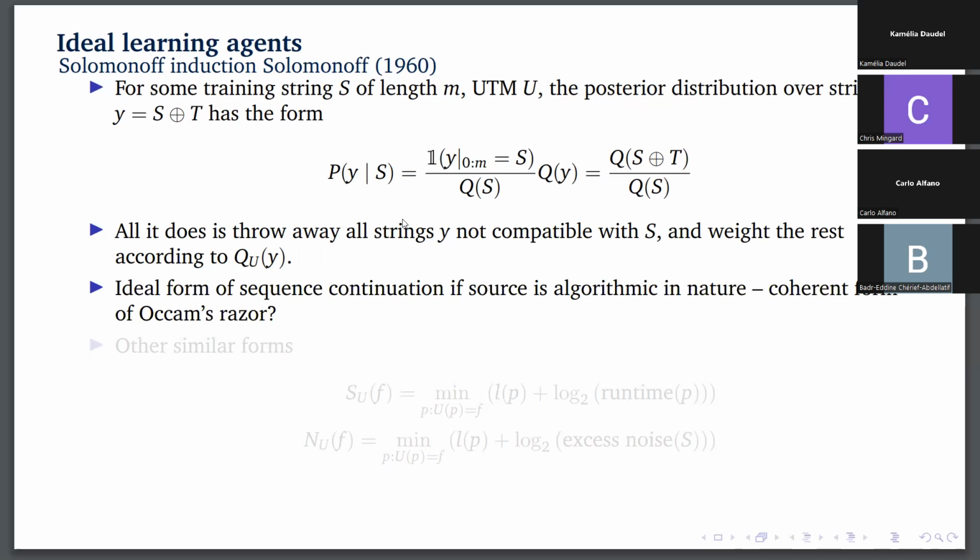People like Marcus Hutter have been pushing this as the best way of justifying Occam's razor: pick the simplest function you can.